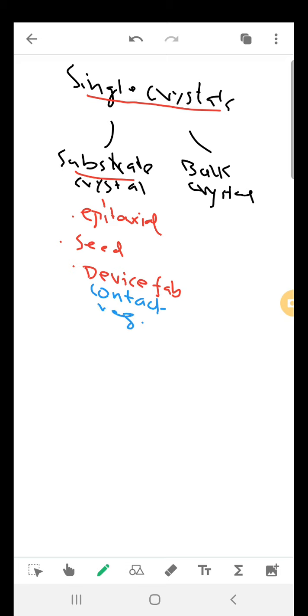It also provides substrate and device isolation, that means the components can be isolated. There won't be any mix-up.